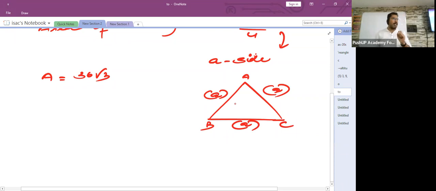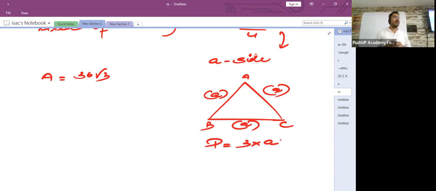If you want to find the perimeter of an equilateral triangle, the formula happens to be 3 times A. You all agree with that? You either do A plus A plus A or you do 3 into A. The answer remains the same, whether you find the sum of all the 3 sides or you multiply 3 with A. You all agree with that?